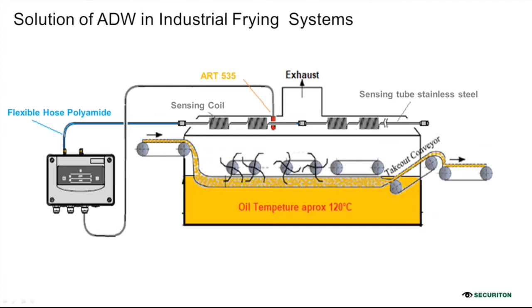To solve this problem, we will have an external sensor, which is called the ART sensor, placed near the area of the working conditions to normalize, so that the ADW knows its condition is exactly the same as where it is. So it knows the base value.